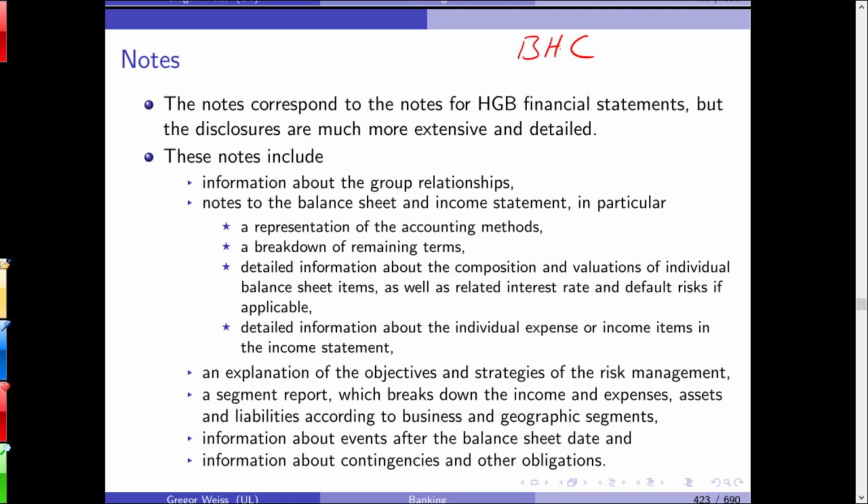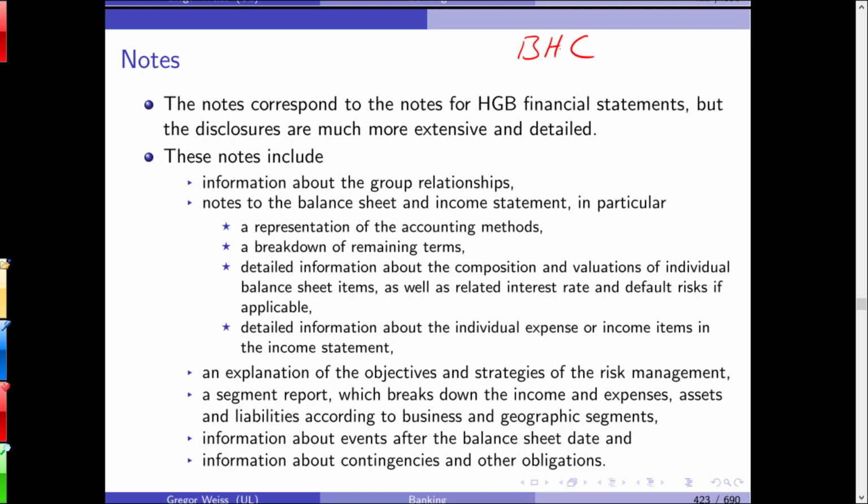The income statement will be very condensed. Even for Deutsche Bank, it will fit onto one sheet of paper. However, the notes on how the specific items on your income statement have been calculated will be 50, 60, 70 pages long, because all those very condensed high-level items will be explained in the notes.